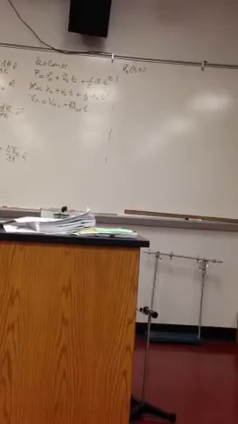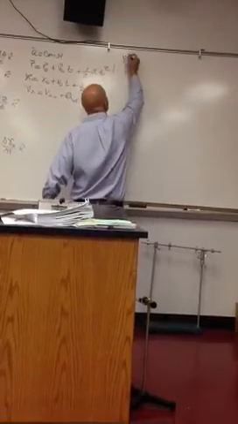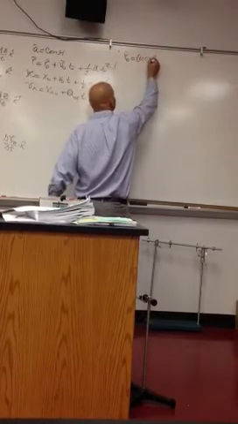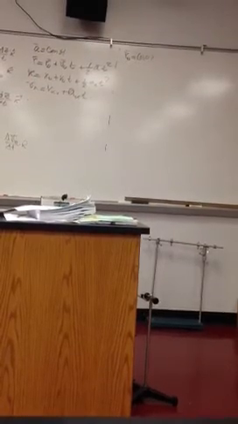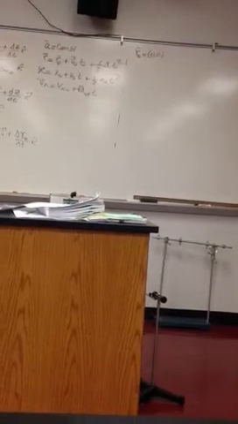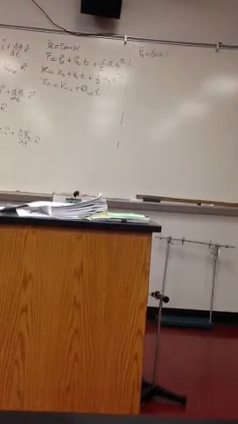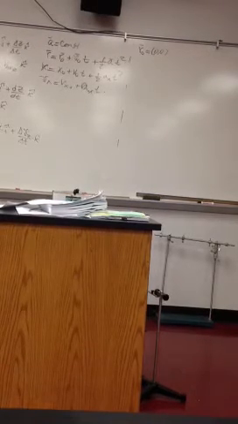So r0 is 0, 0. These are the coordinates when they said it started at the origin. Then it leaves the origin with a velocity of 9 meters per second in the positive y direction.